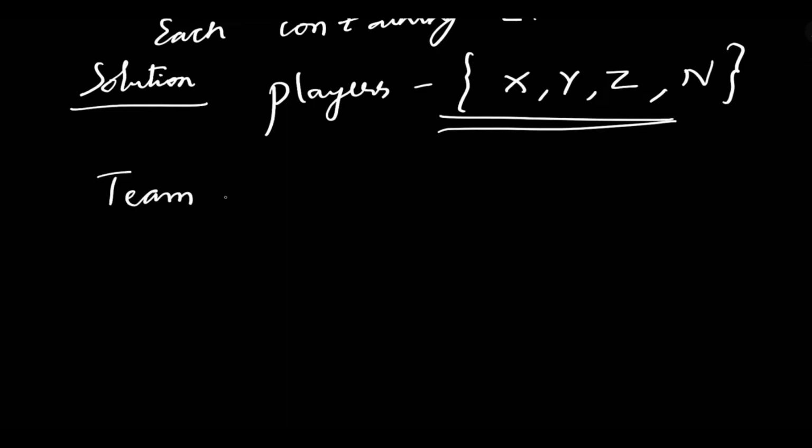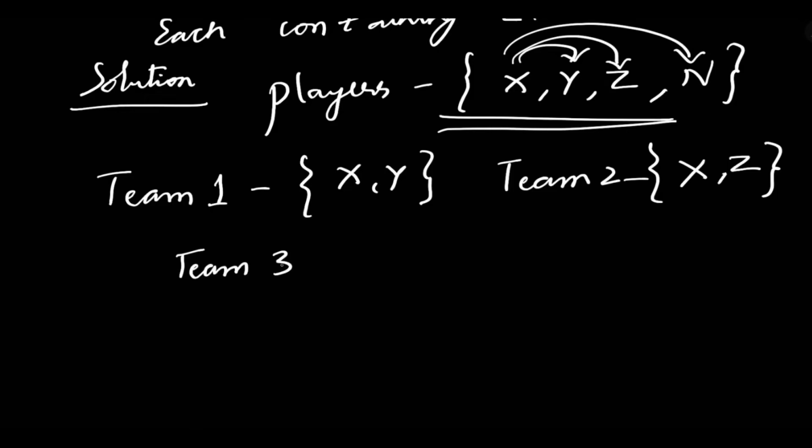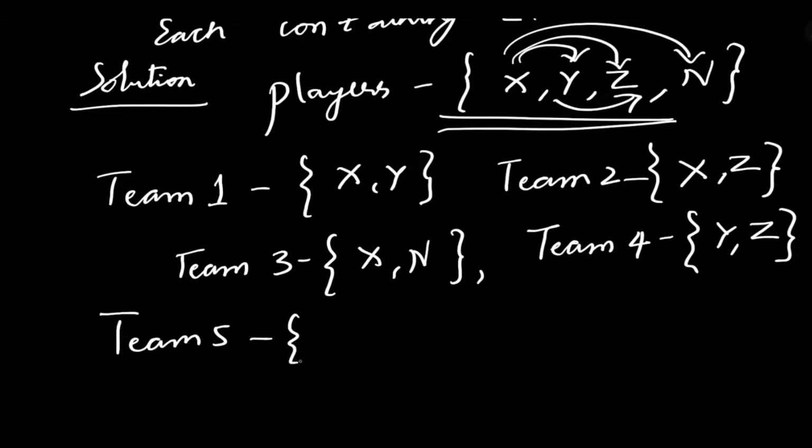Now we have to form the teams. Let us see without applying the formula how we can do that. x, y, one team, then team 2, x with z, team 3, x with n, team 4, y with z, team 5, y with n.